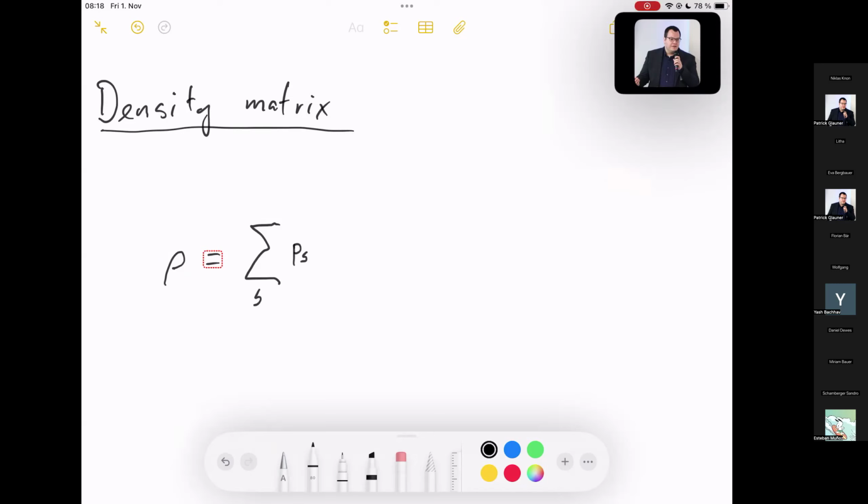We've seen largely inner products in this course so far, but today we'll be using the outer product to describe this. So it's |psi_s⟩, our state, multiplied with ⟨psi_s|. This here is the outer product.